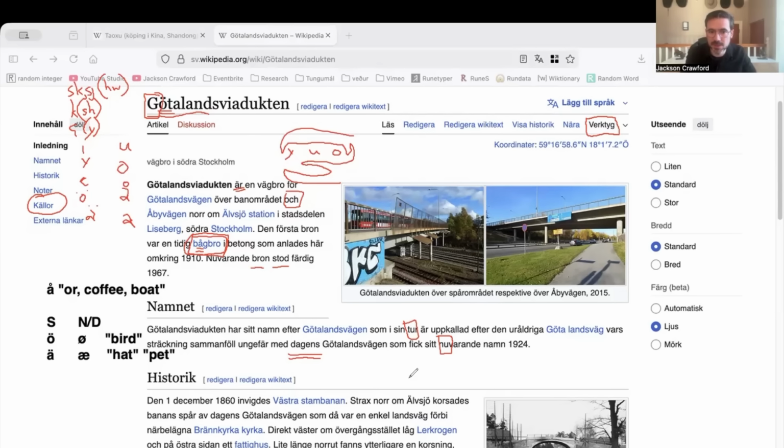Or if we look for an SK or an SJ, we ought to have something on this page somewhere. There we go, in that place name right there, Älvsjö, Älvsjö, right? This is sea, ocean, sjö, not, I don't know what you would think in English, Sujou or something, sjö, right?